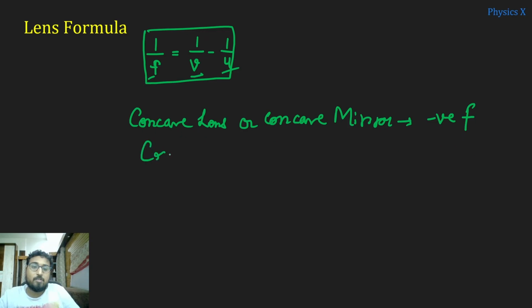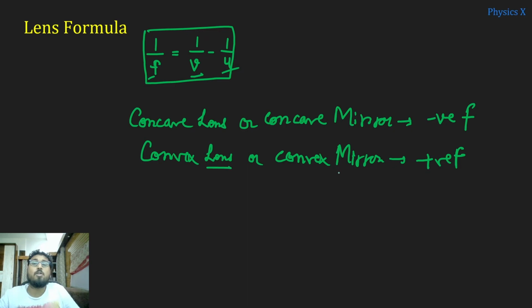And for a convex mirror, we have positive focal length. So whether it is a lens or mirror, for the convex case the focal length is positive. And for concave, whether it is a mirror or lens, the focal length is negative.